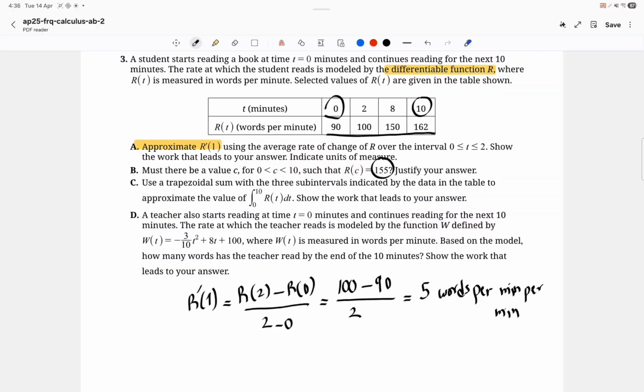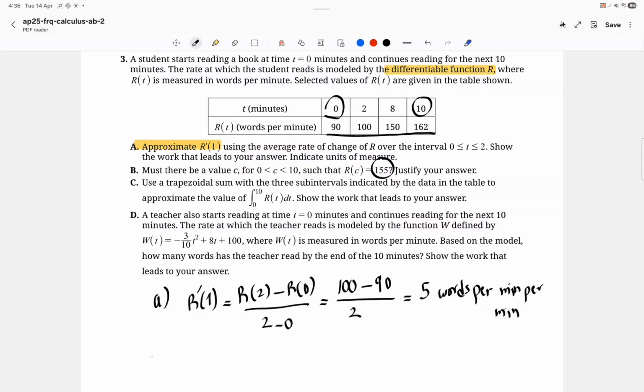Probably between 8 and 10, but we don't know. It could also be from 0 to 2. We don't know, because maybe you reach 90, then go up, then go down. You never know, right? But somewhere between 0 and 10, we reach 155 in terms of R.